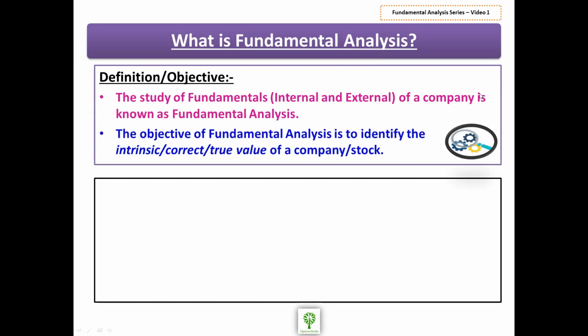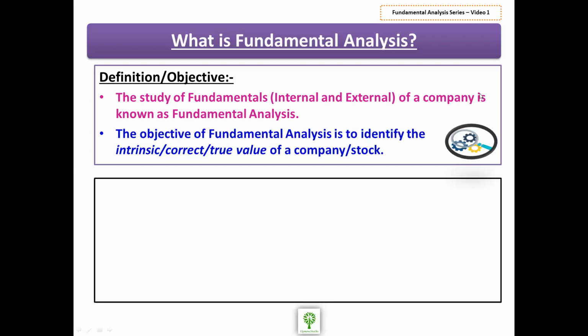So what is the objective of doing fundamental analysis? Now we will understand the crux of it. Fundamental analysis is done to identify the correct price of the stock. For instance, you may see a particular stock trading at rupees 50, but you don't know whether that price is correct, or whether you should buy the stock at 50 rupees.